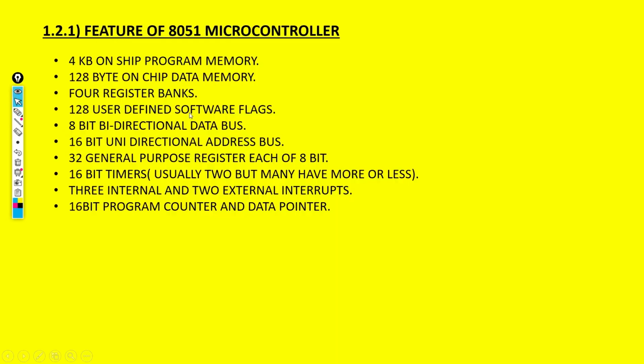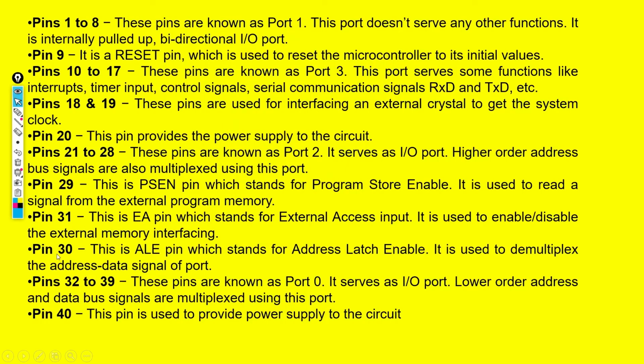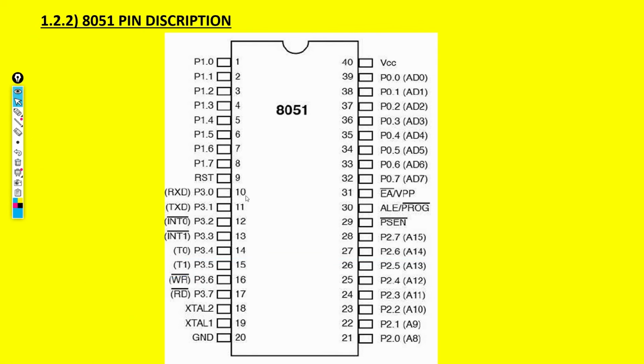Now let's see about the 30th pin. The 30th pin is the ALE pin, which stands for address latch enable. It is used to demultiplex the address and data signal of the port. What is demultiplexed and what is multiplexed? If you know it already, it is simple to understand, and if you don't know, let me explain. Multiplexed means when we are sending address bus and data bus together.